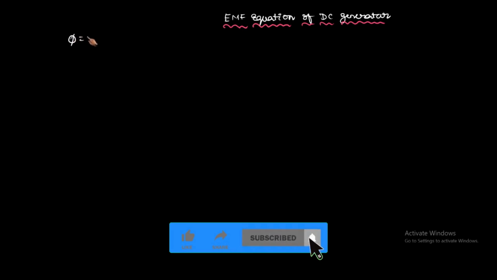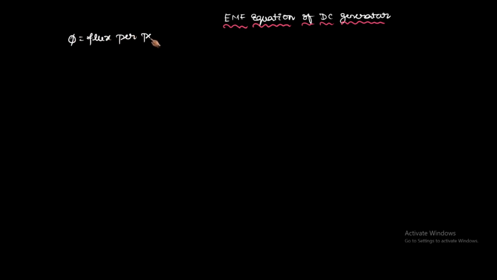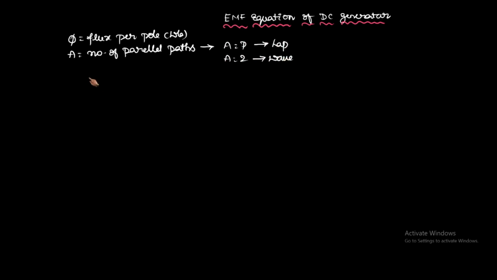Phi is the flux per pole, which is measured in Webers. Next, A is the number of parallel paths, which depends upon the winding. A is equal to P for the lap winding, and A is equal to 2 for the wave winding.